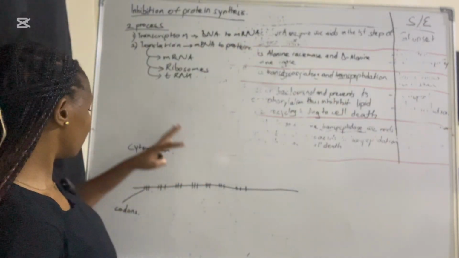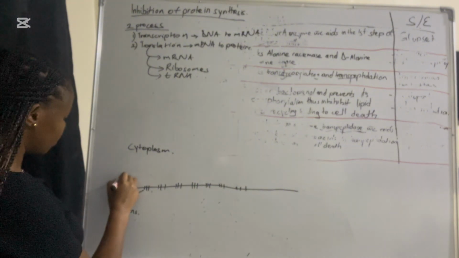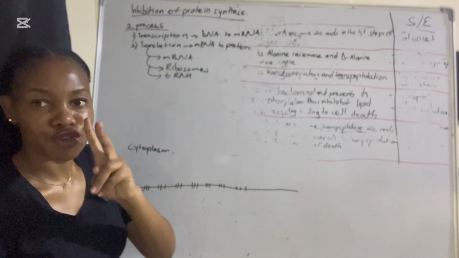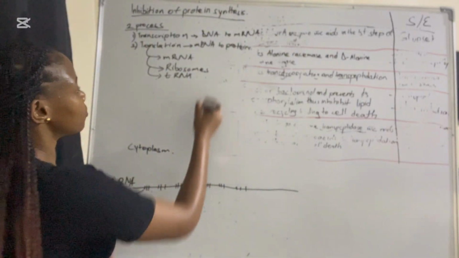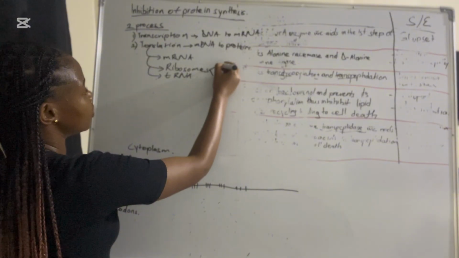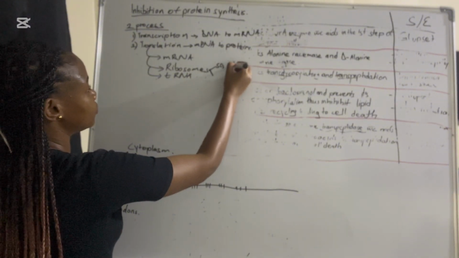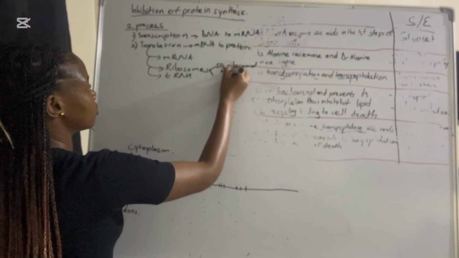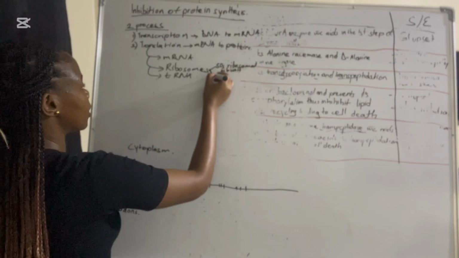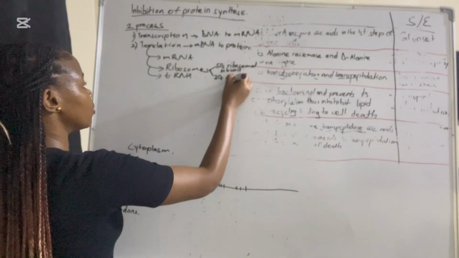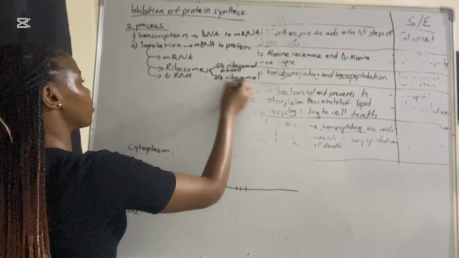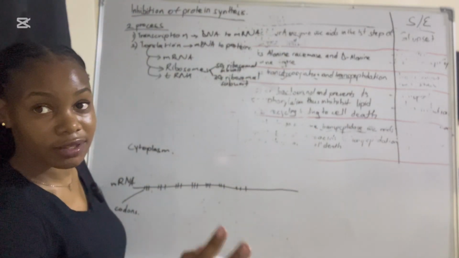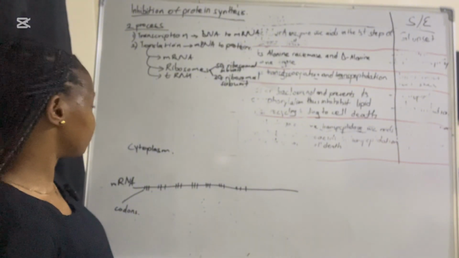The ribosomes are divided into two units, which is very important: the 50S ribosomal subunit, which is the largest, and the 30S ribosomal subunit. Two units, 50S and 30S ribosomal subunit.